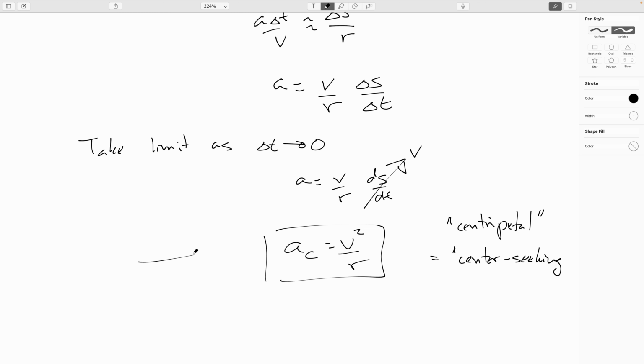So this is the piece associated with changing direction. It's not associated with changing speed at all.